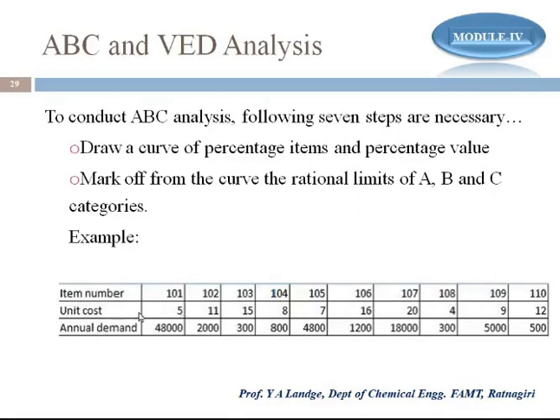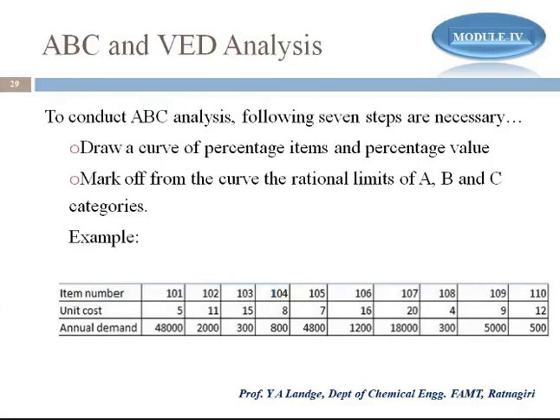So we first do the calculation and find the total cost, or the expenditure on 101, which depends on the cost and how much the demand is. If you multiply these, it gives the total cost of 101. So this is one example, with item numbers, unit cost, and annual demand.